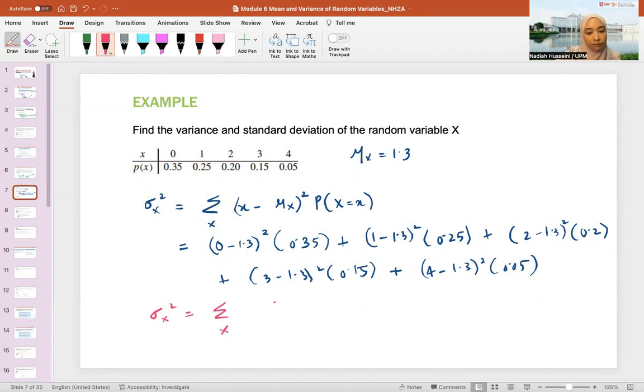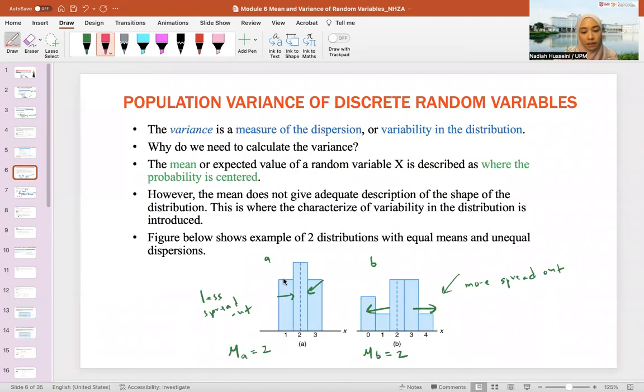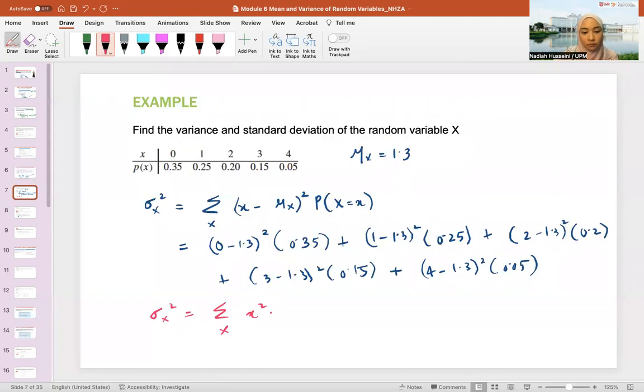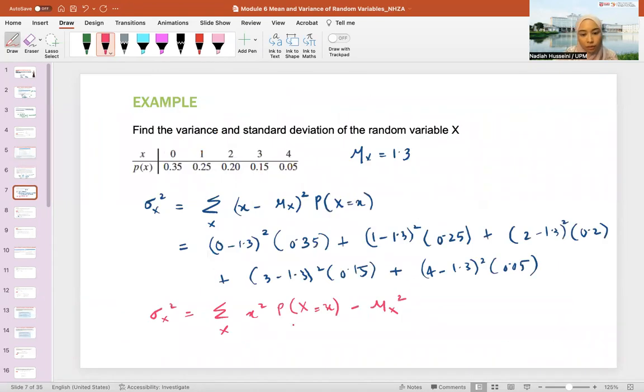So, sum of x squared times probability, minus the mean of x, squared. Is it squared? Yes, this is squared. So you have two squares here. For the previous, you only had one. All right, so let's try.